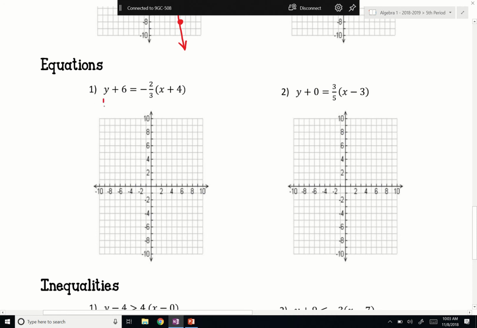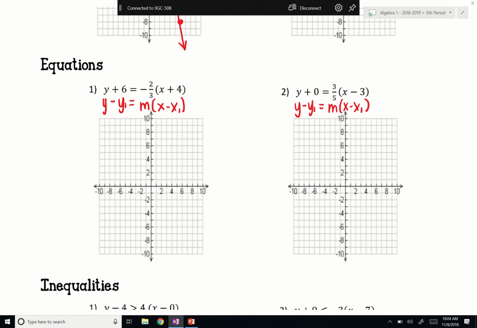So on number 1, we're going to write y minus y1 equals m parentheses x minus x1. And you're going to go write the exact same thing on number 2. Y minus y1 equals m parentheses x minus x1. So those parentheses are good indicators that this is point slope format.